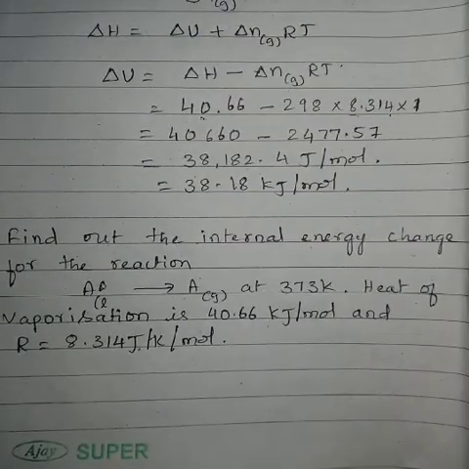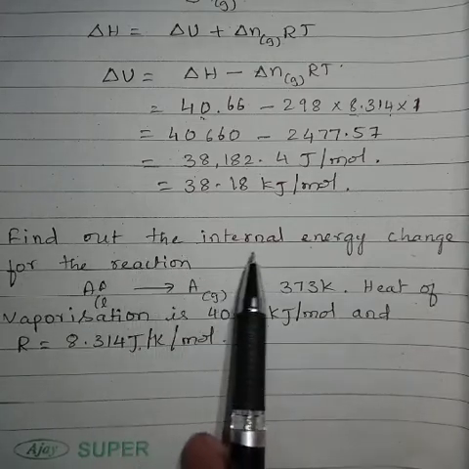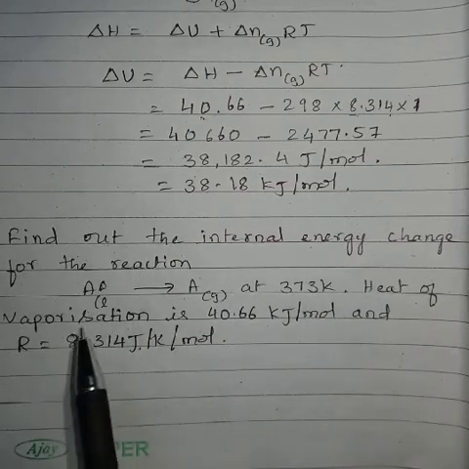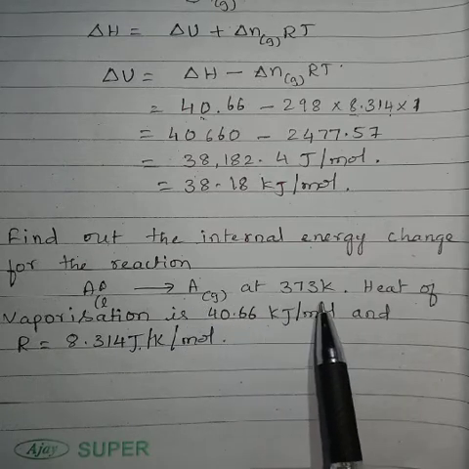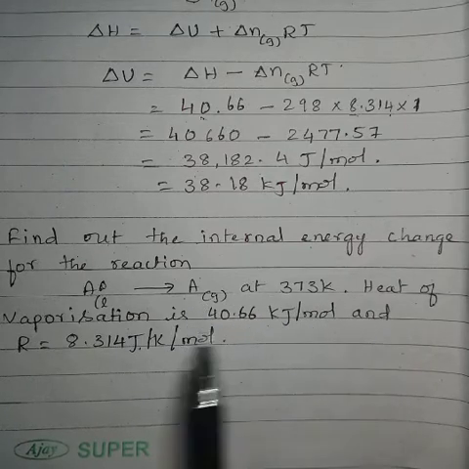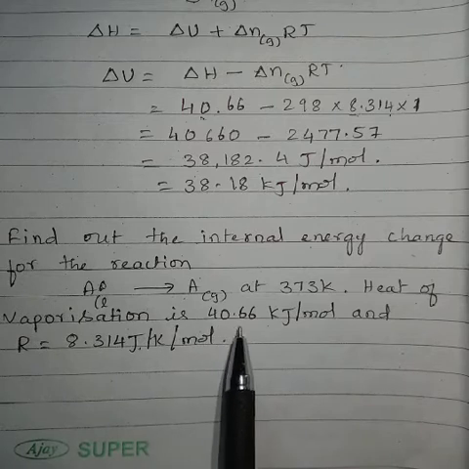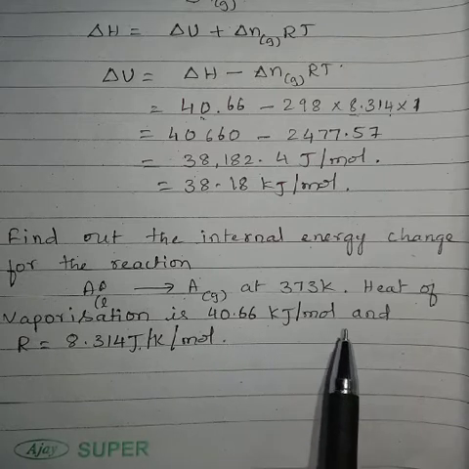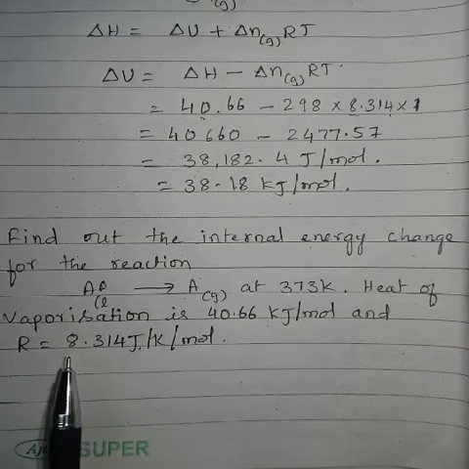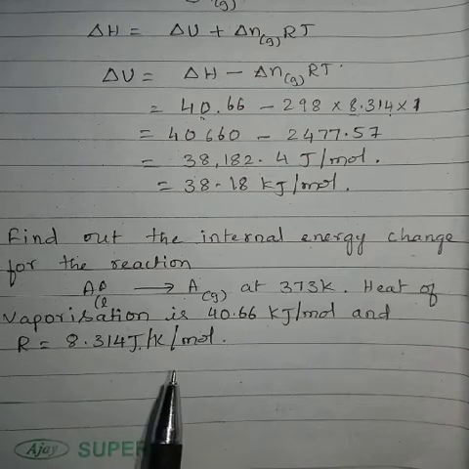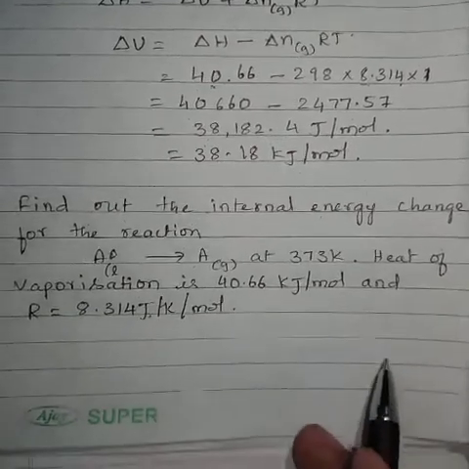Fourth problem, find out the internal energy change for the reaction A liquid changes to A gas at 373 Kelvin. Heat of vaporization is 40.66 kilojoules per mole and R value is 8.314 joules per Kelvin per mole.